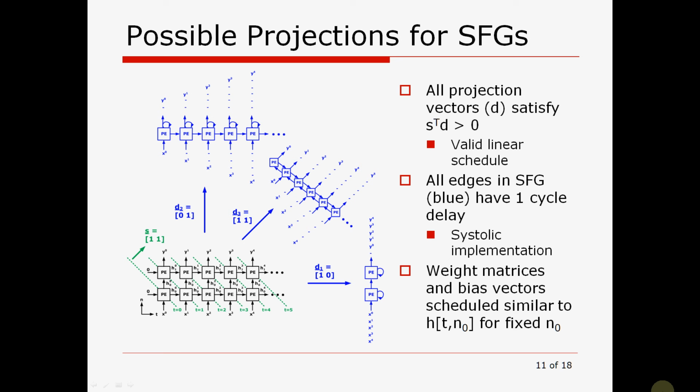This is a useful observation in that now the number of processing elements is bounded. Now we need as many processing elements as the number of neural layers in our deep RNN.